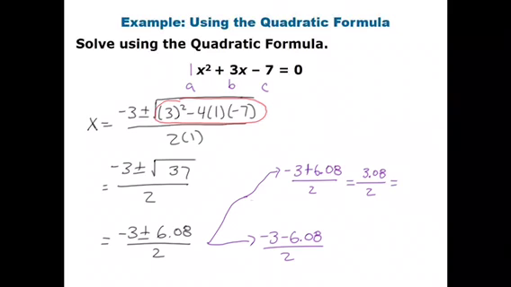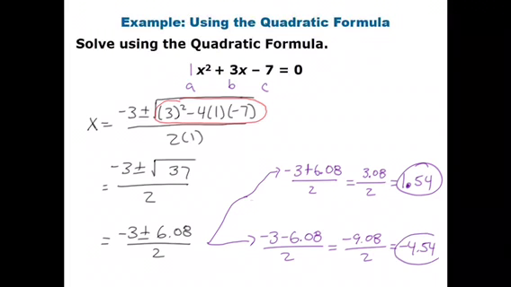And when you divide that, you get 1.54 is your answer for x. And then on the bottom equation, negative 3 minus 6.08 gives you negative 9.08 divided by 2 gives me a negative 4.54. And so those are my two values of x.